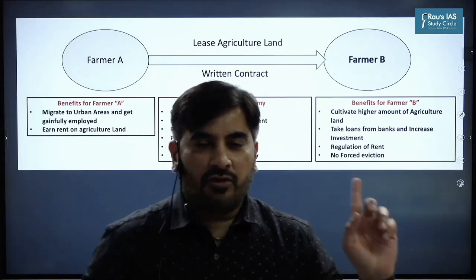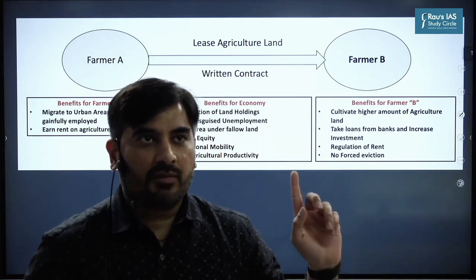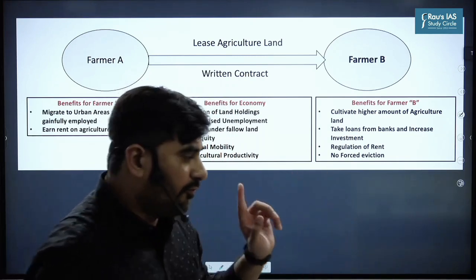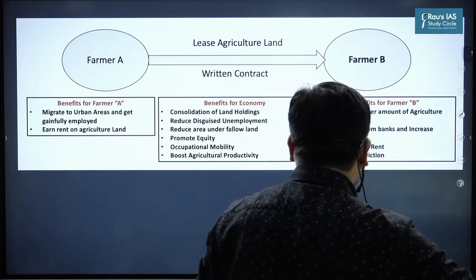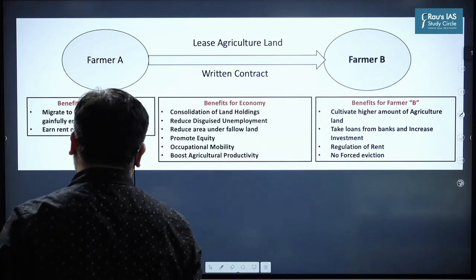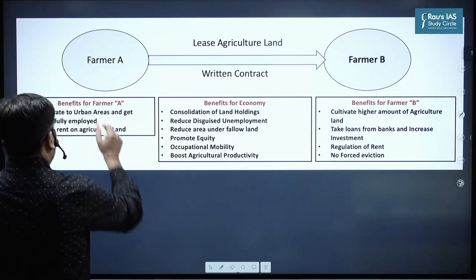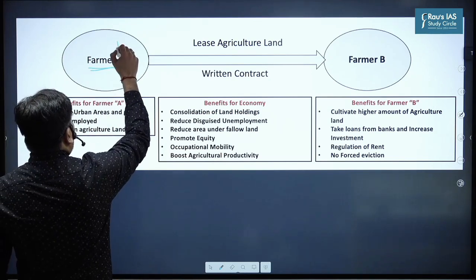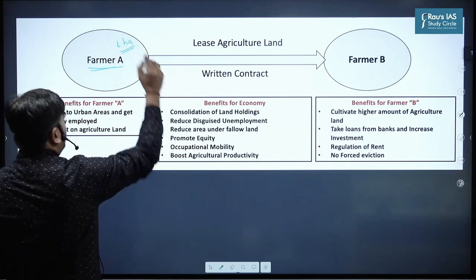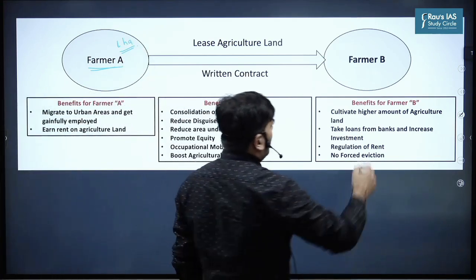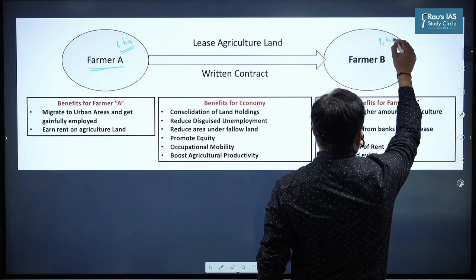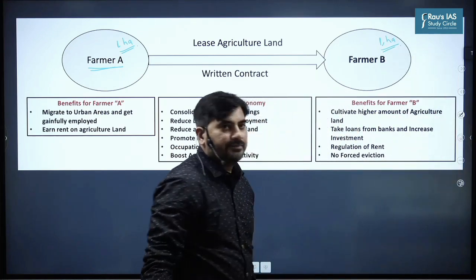Can you see this flowchart, all of you? This flowchart highlights the benefits of legalizing tenancy in the agricultural land. Now let's say there is a farmer A. This farmer is cultivating 1 hectare of agricultural land. And let's say farmer B is also cultivating 1 hectare of agricultural land.